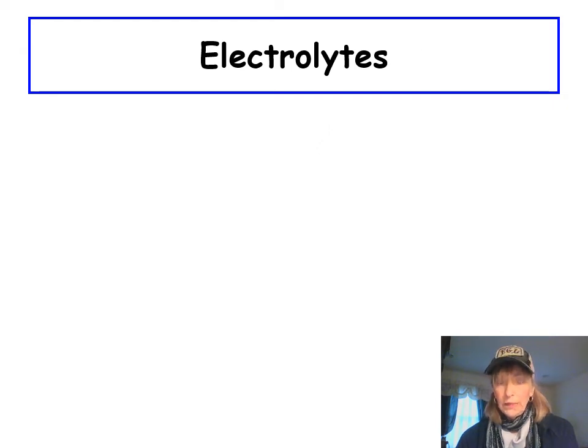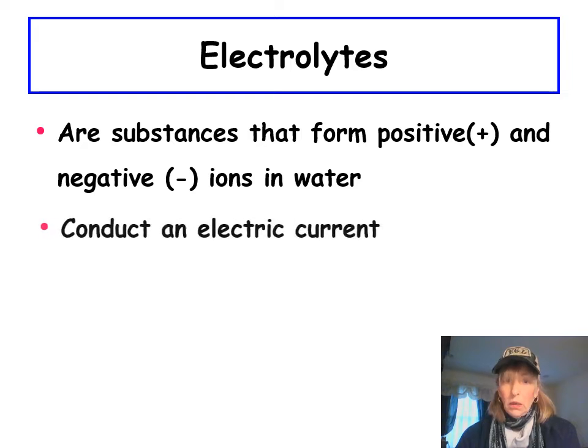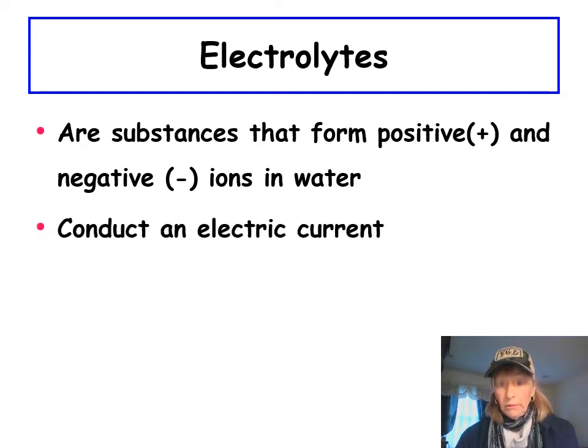Beginning with electrolytes. What are the properties of electrolytes? They are substances, so they're going to be solutes, all right, that form positive and negative ions in water. And they have the ability to conduct an electrical current.